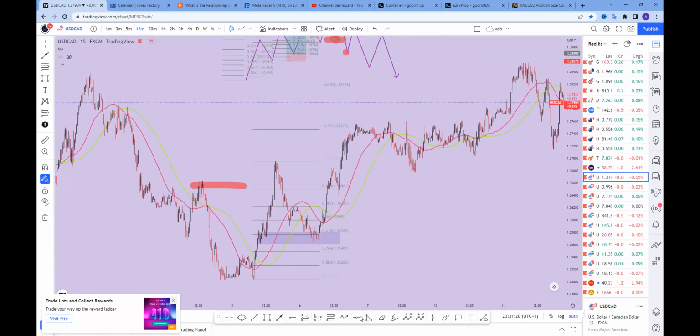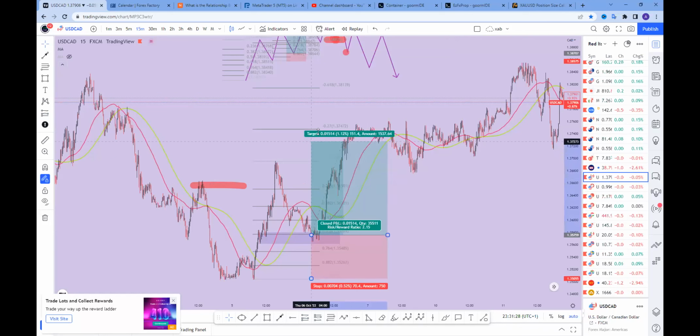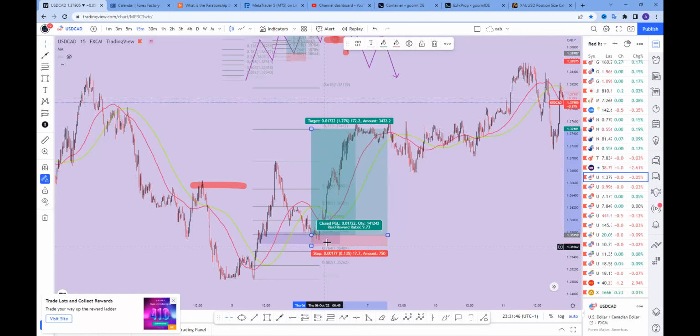And instead of doing it like this, I'm getting 1:2.5. Instead of doing that, my stop loss is simply going to be like this, just below the order block.